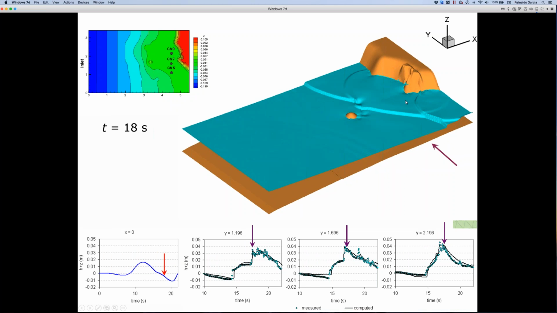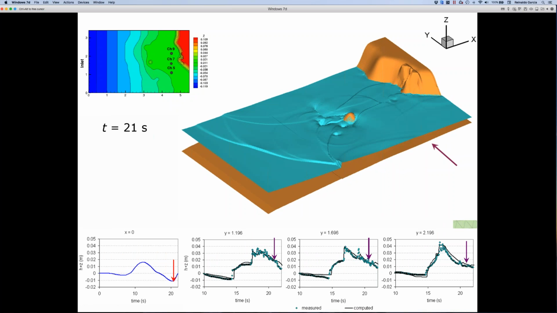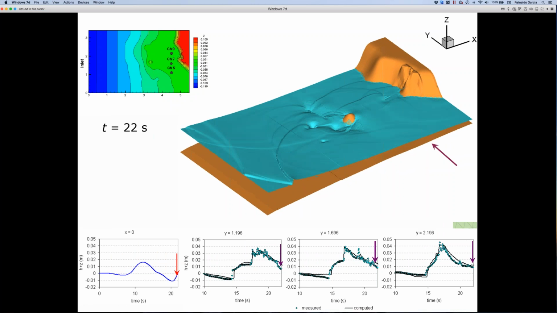You see here all these wavy patterns that occur, and they are all captured very well by the model. So the idea was to understand how the model was able to represent this kind of complex events in reality, but since it's so difficult to get the actual data, it was preferred to use the experimental data to make the comparison.